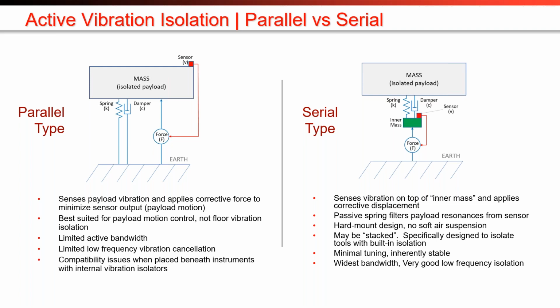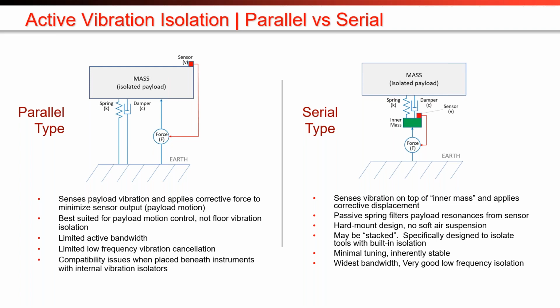So if you imagine the floor moving up and down there, the inner mass is going to move up and down, because the force actuator is stiff. We sense that, and we take that signal and we use it to expand and contract that piezo. So as the floor moves up, the piezo contracts, it moves down, it expands. So you keep the floor motion from getting to the inner mass, and then you get additional isolation from the spring damper.